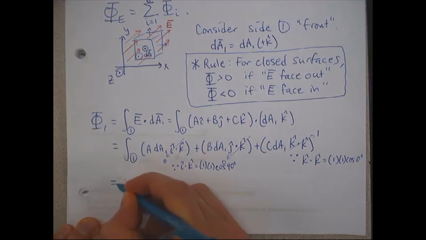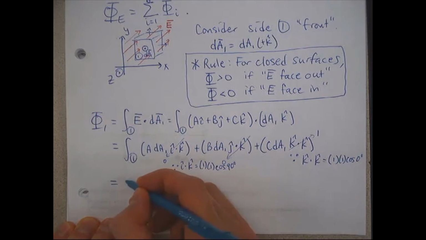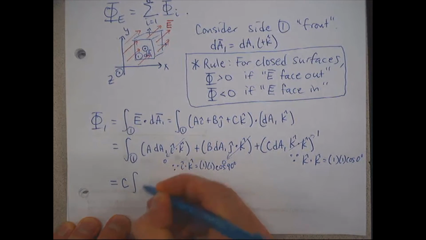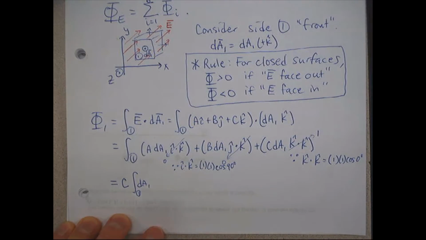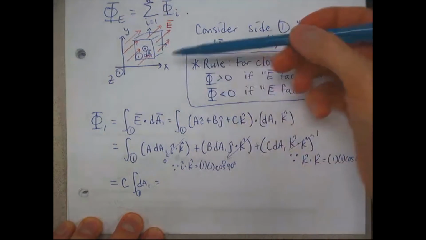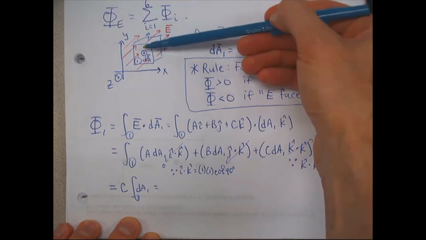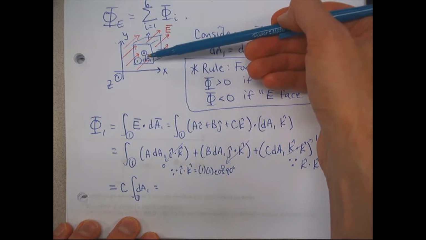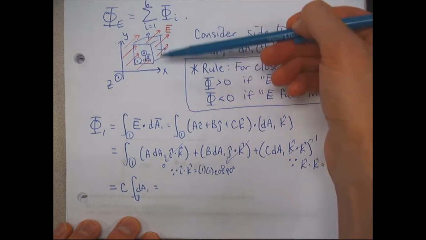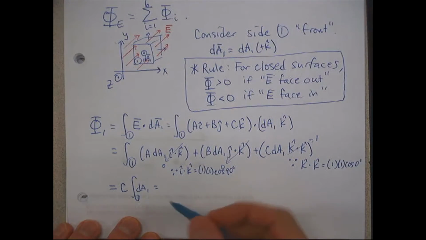So overall, for that surface, we bring the constant out. We have the area integral over dA1. What does it mean? It just means sum up all the bits of dA area along that face, and you will get the area of the face, not surprisingly.